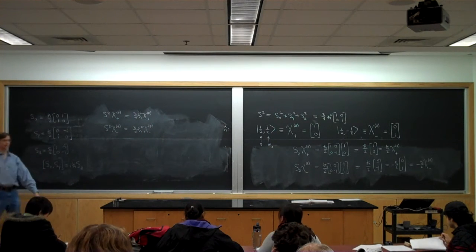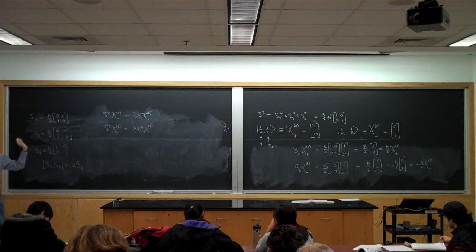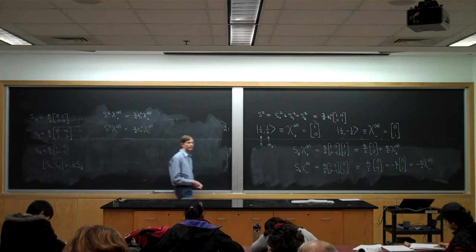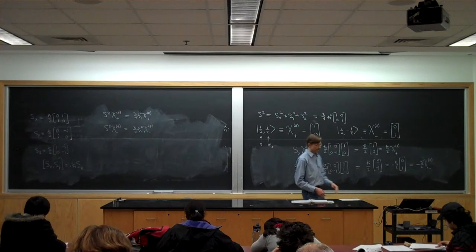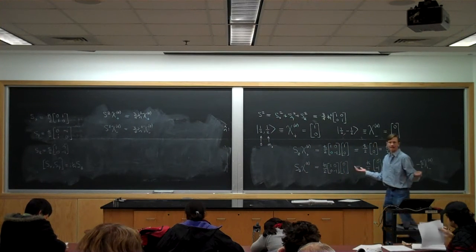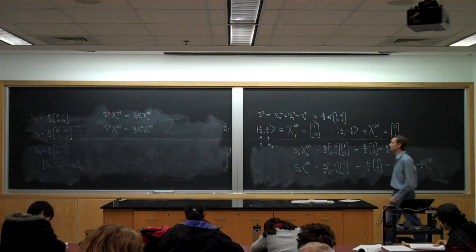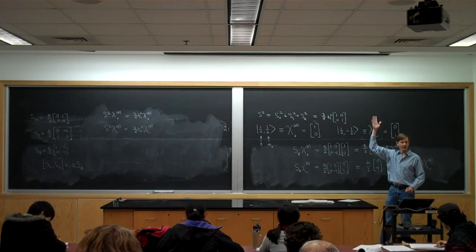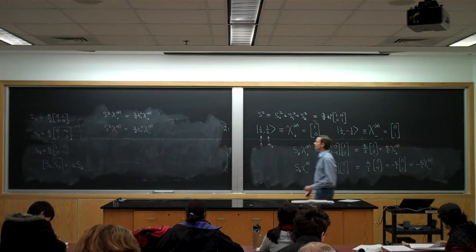But in fact, s squared applied to any combination of chi plus and chi minus gives you 3/4 h bar squared times that same combination back again, because the identity has every vector as an eigenvector with eigenvalue 1, multiplied by 3/4 h bar squared, so the eigenvalue is 3/4 h bar squared.